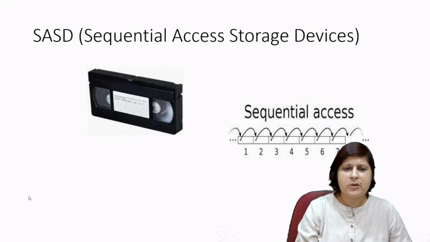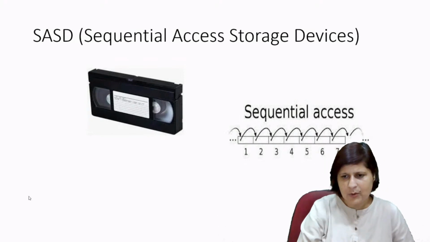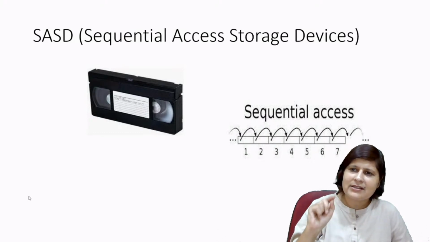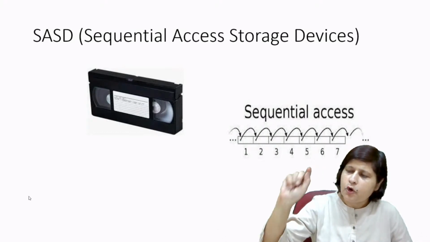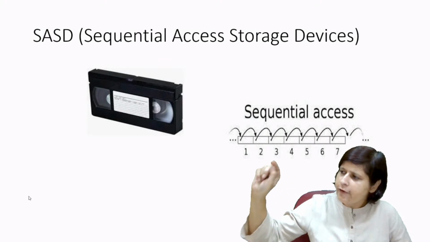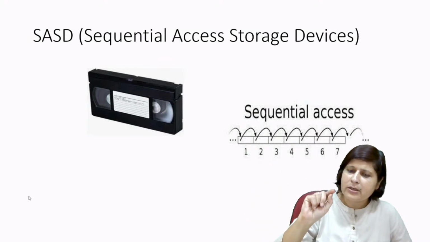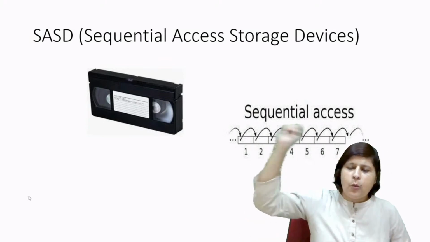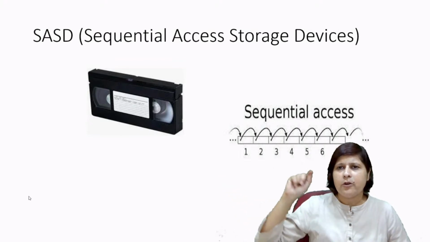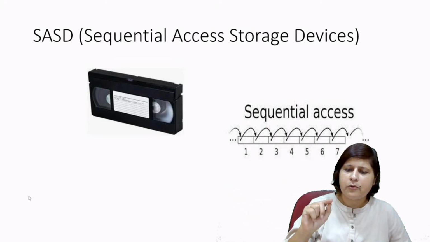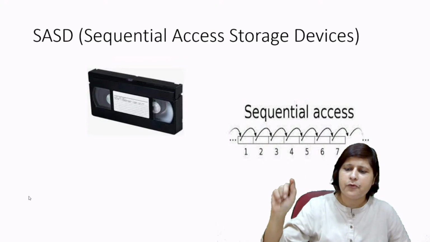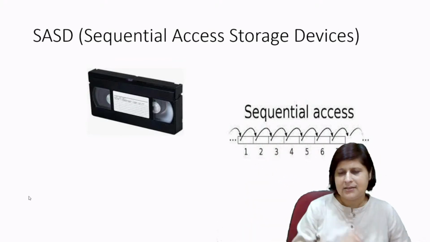A sequential access storage device, like a cassette, means you have to go through each and every block. You cannot directly jump to the seventh block. If you want to go to the seventh block, you have to go through 1, 2, 3, 4, 5, 6, and then the seventh block.